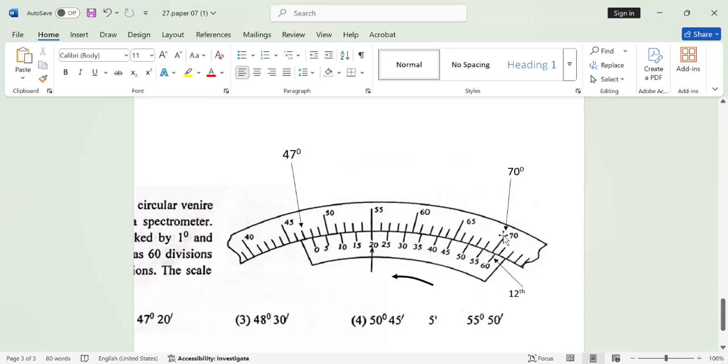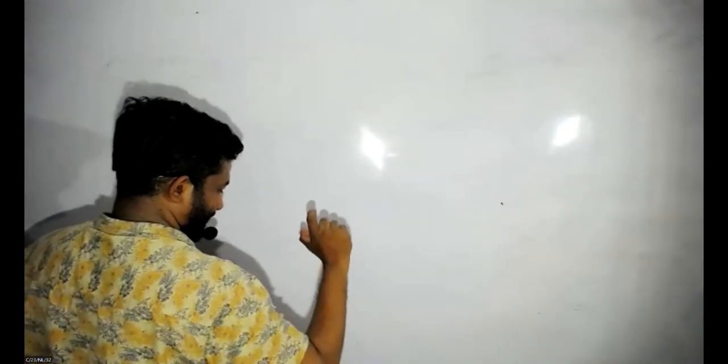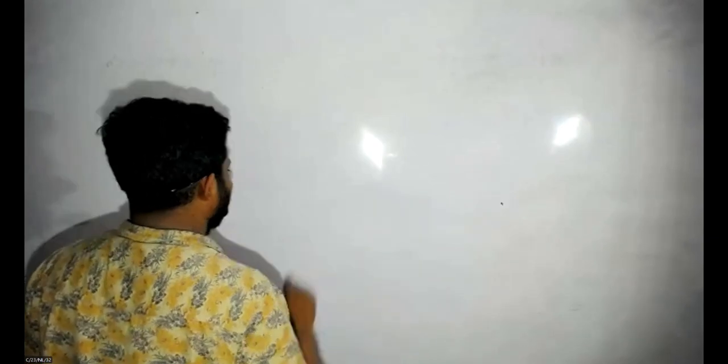Then you can identify there are 23 main scale divisions from here to here: 5, 10, 15, 20, and another 3 divisions. 23 main scale divisions, 1 degree divisions, coincide with the 12th vernier division. Got it? This one is related to extended circular vernier scales.